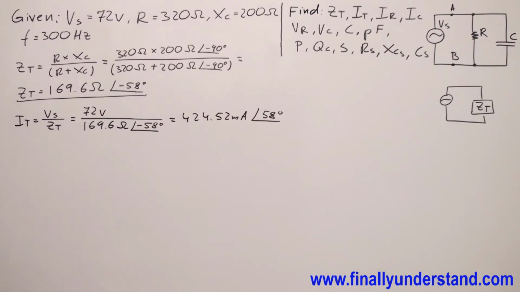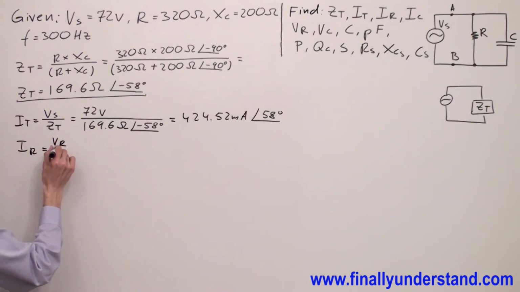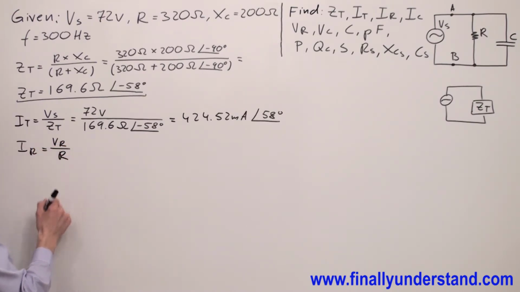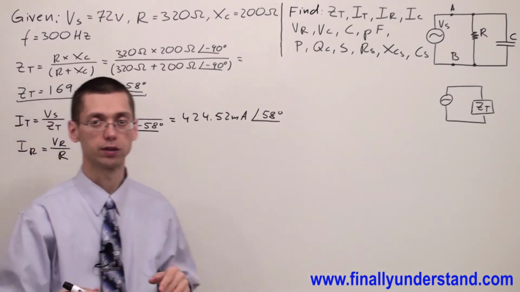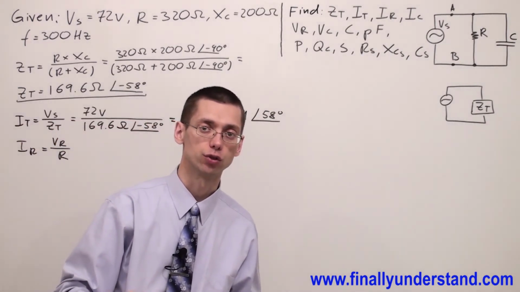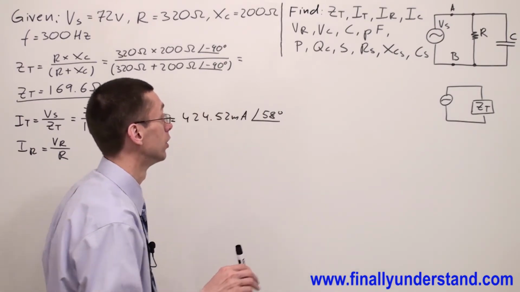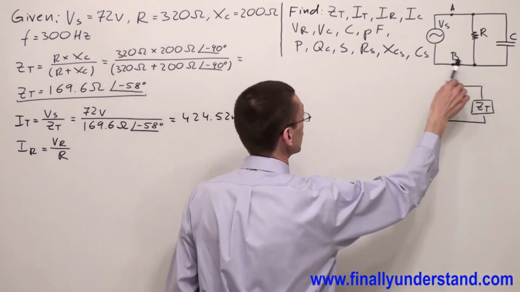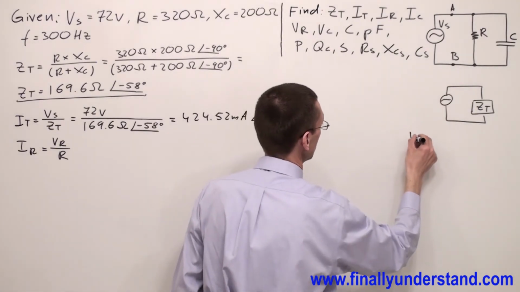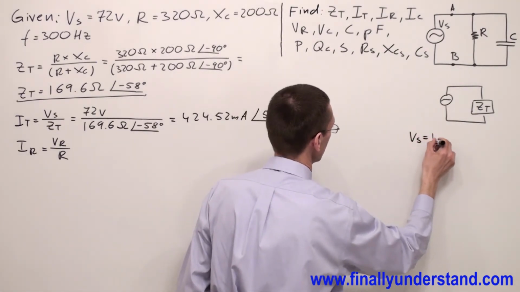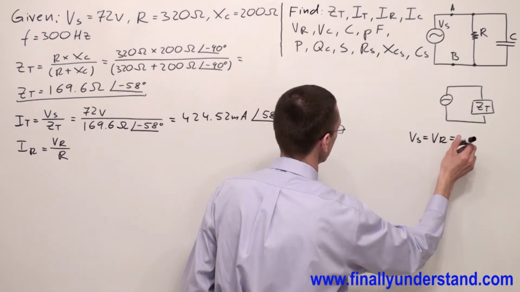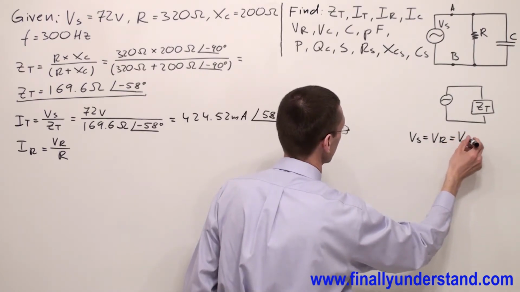If I want to find IR, I simply write that IR is equal to the voltage across the resistor over the resistance. But someone is going to say, but the voltage across the resistor is not given. The voltage across the resistor is given because we have a parallel circuit. In a parallel circuit, the voltage source is equal to VR and is also equal to the voltage across the capacitor.